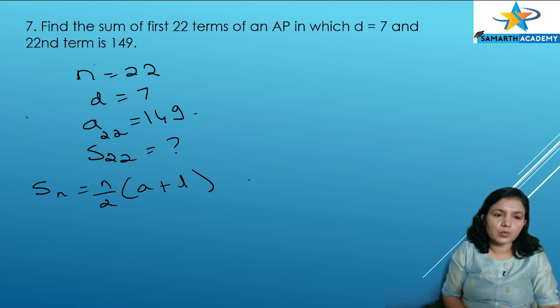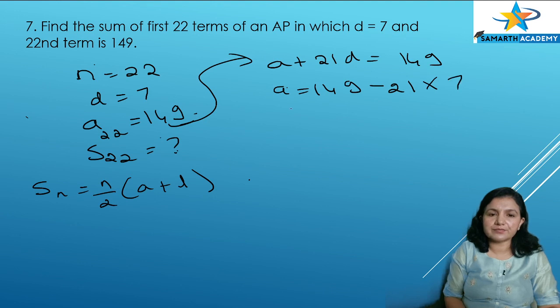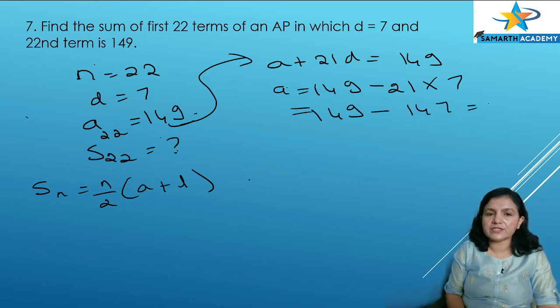But we don't know what a is, so we need to find a. How do we do it? We'll make use of a plus 21d equal to 149. So a equal to 149 minus 21 into 7. So that is 149 minus 147, which is 2.